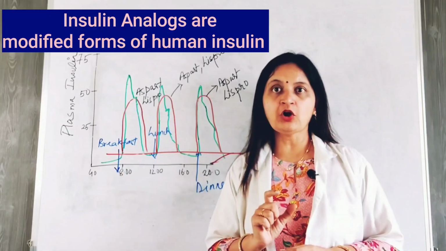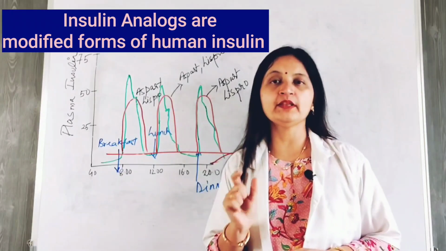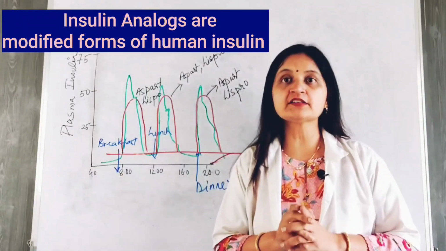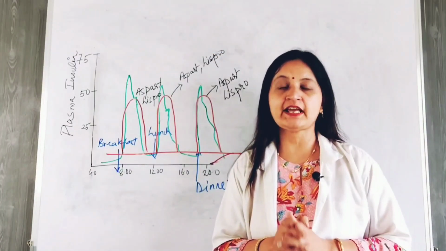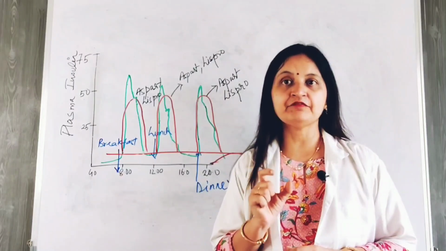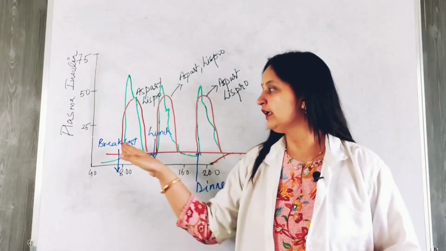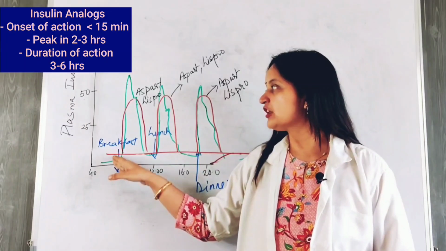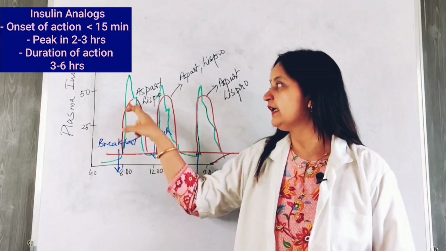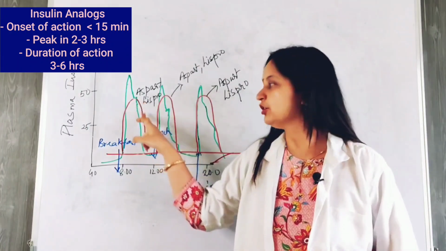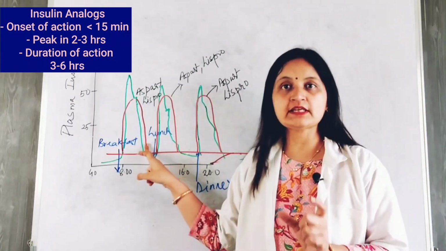The insulin analogs are modified forms of human insulin, and the structural modifications facilitate faster absorption from the injection site to the bloodstream, so that the onset of action is less than 15 minutes when injected at meals. It attains a peak concentration in 1 to 2 hours, and the duration of action is 3 to 6 hours.